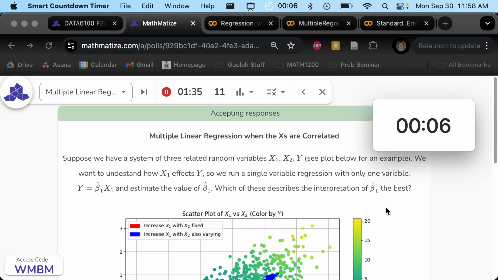All right, there's like 10 seconds left. Put in your updated guesses. Even if you don't want to change your mind, you must revote.